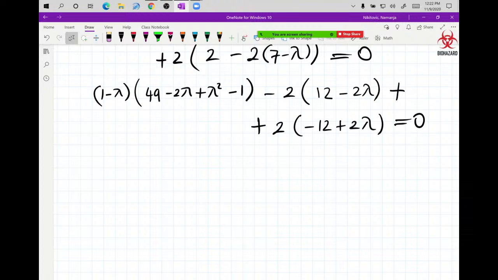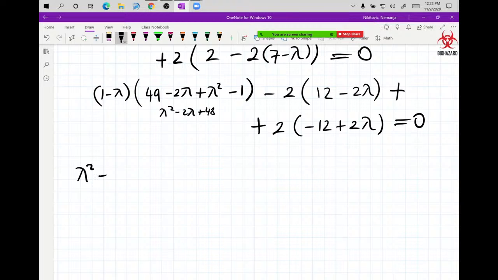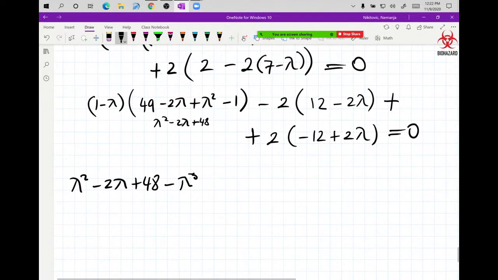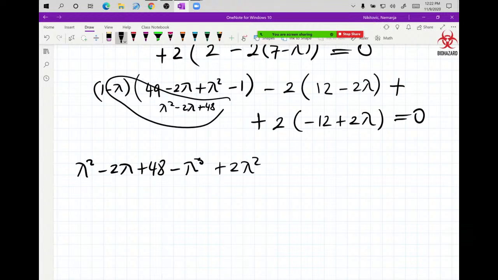This 49 minus 1, that's 48. So technically what we have over here is lambda squared minus 14 lambda plus 48, because now I need to distribute this into all of that mess. It's going to give me 6 terms and then plus all of that stuff. So 1 times this stays the same, so that's lambda squared minus 14 lambda plus 48. And now minus lambda, minus lambda cubed, plus 14 lambda squared, when I'm multiplying.